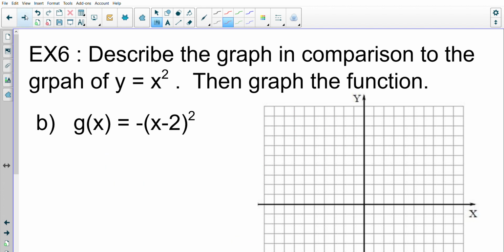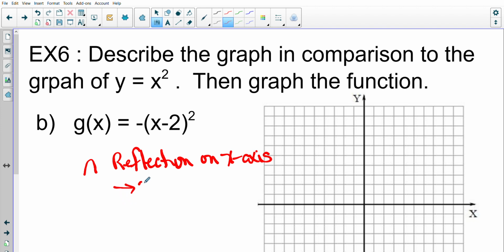So this one is going to be upside down. So it's going to open down. That is, it's a reflection over x. And the minus 2 inside the parentheses means we're going to go to the right 2.